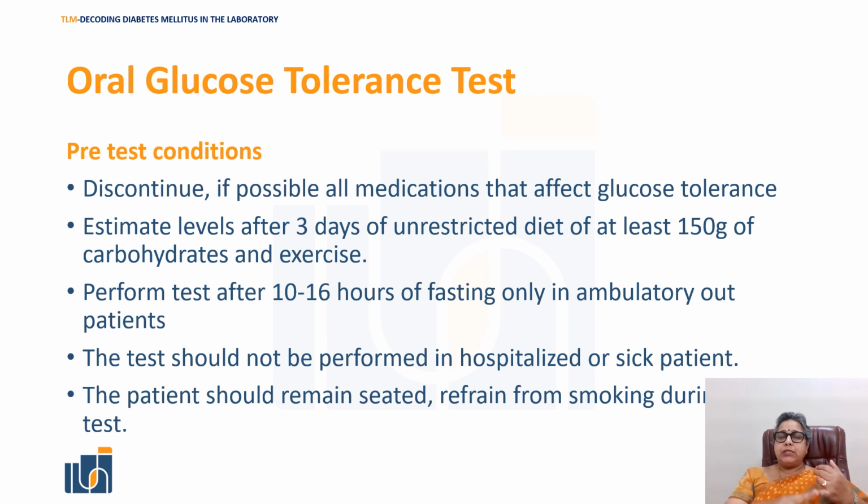One is you should discontinue, if possible, all medications that affect glucose tolerance. You should perform this test after 3 days of an unrestricted diet of at least 150 grams of carbohydrates and exercise.